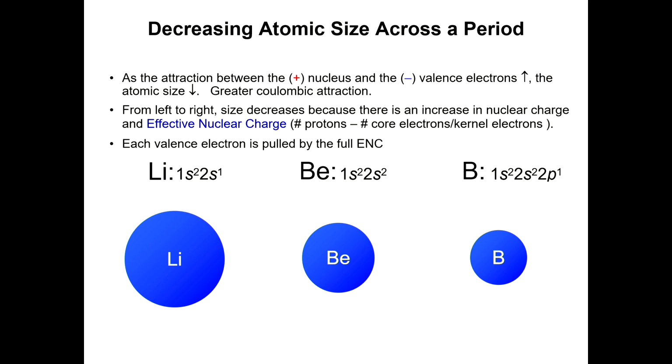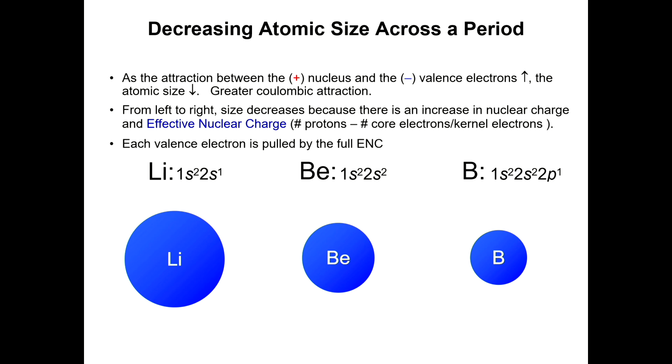For example, these three elements are in one period, the second period. This has three electrons, this has four, this has five.